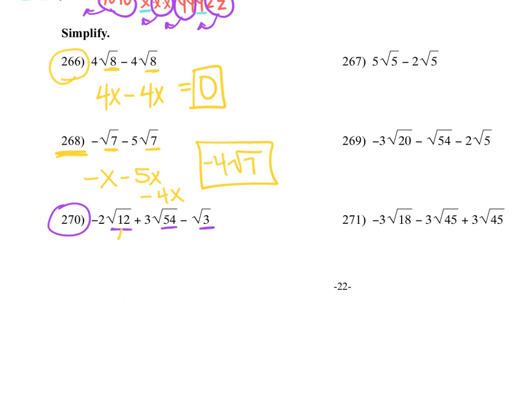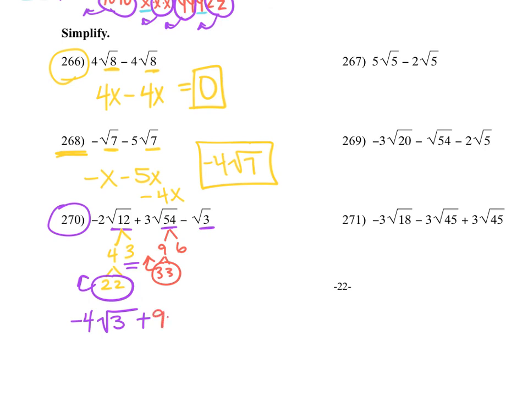So I'm going to break this down, and I get 4 and 3, and this is 2 and 2. And so I have my group, my couple, so that goes out. So here I have negative 4 square root of my loner. And then plus, I'm going to break this down, so I get 9 and 6, and this would be 3 and 3. So here's my group that comes out.